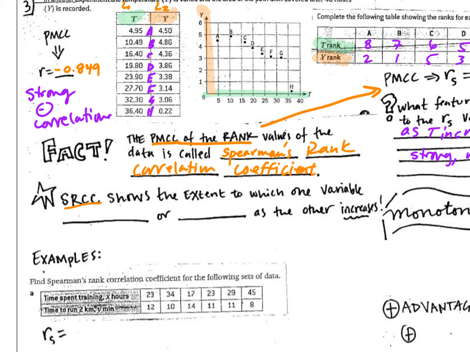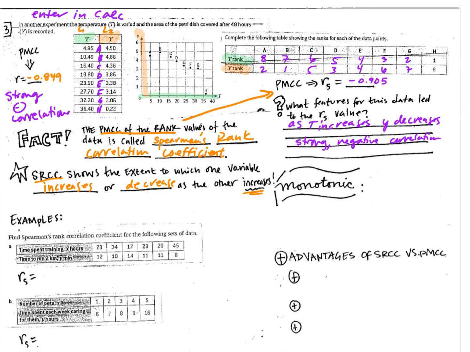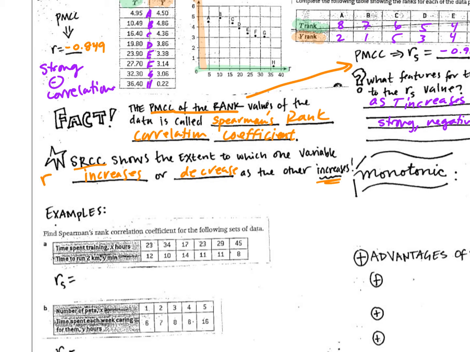The Spearman's rank shows the extent to which one variable increases or decreases, but the other one is still increasing, if that makes sense. And for this, the notation is R sub S.